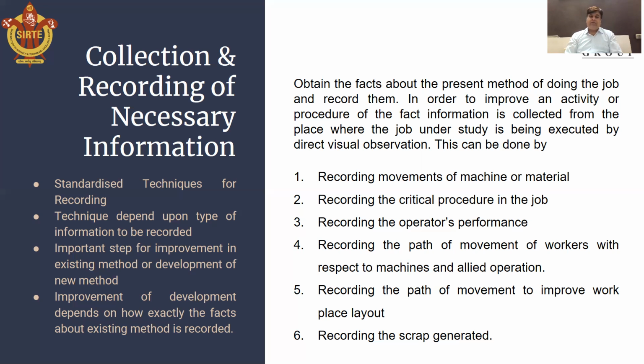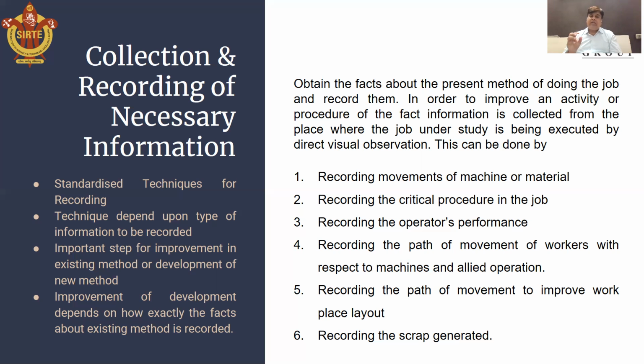The importance of development depends on how exactly the facts about the existing method are recorded. So the new method totally depends upon how exactly the facts of the old method are recorded. If these are not properly recorded, we cannot develop a new method which can overcome the problems of the existing method.